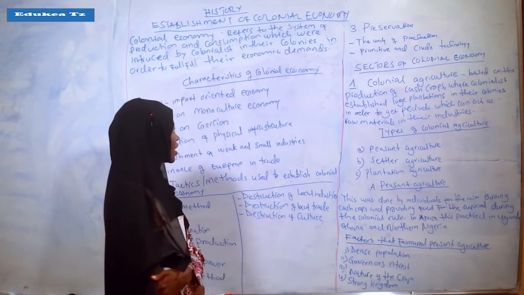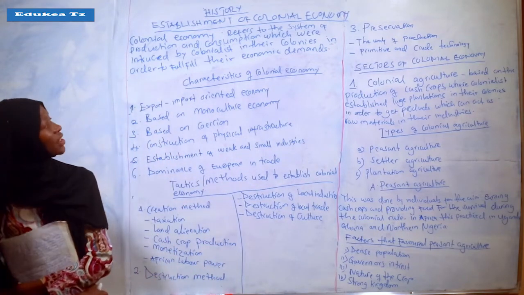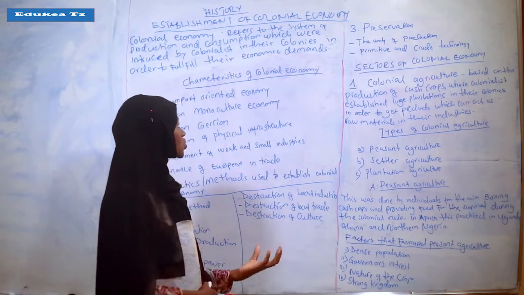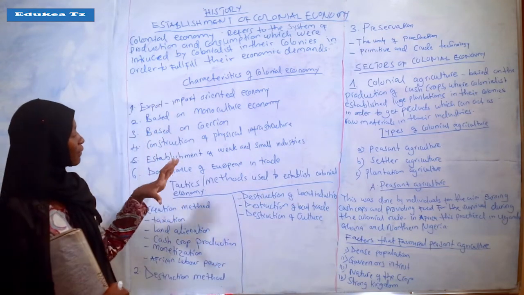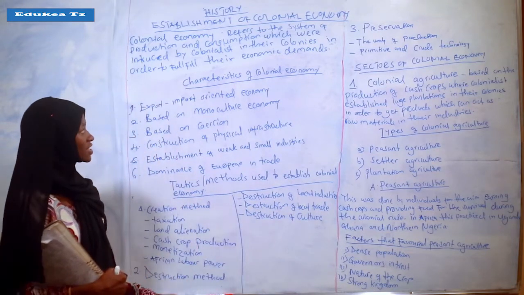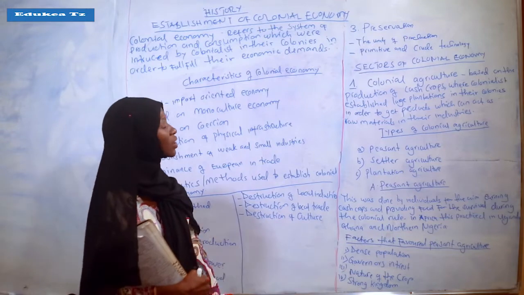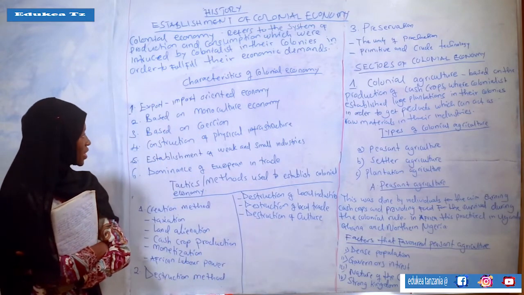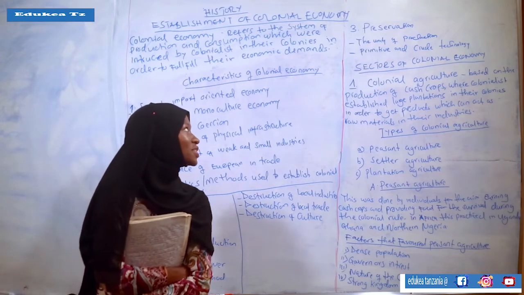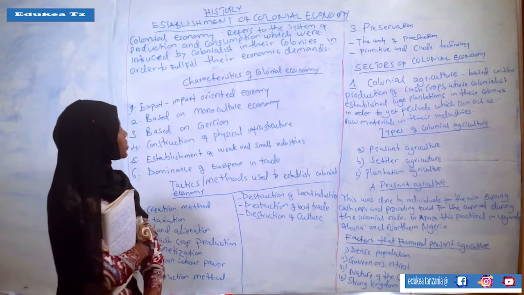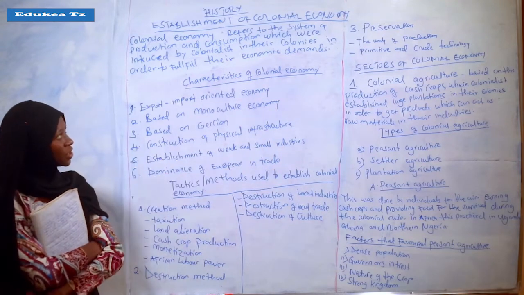As we know, after the coming of colonialists, first they started to scramble for and partition our continent. Then they started to establish the colonial administrative system. After ensuring the colonial administrative system, the next work was to establish the colonial economy.